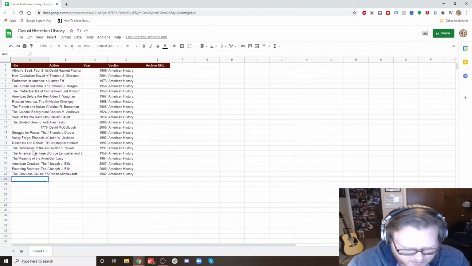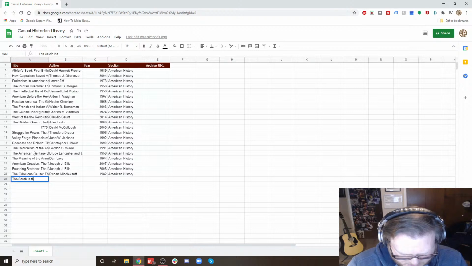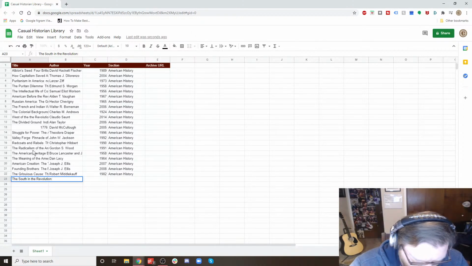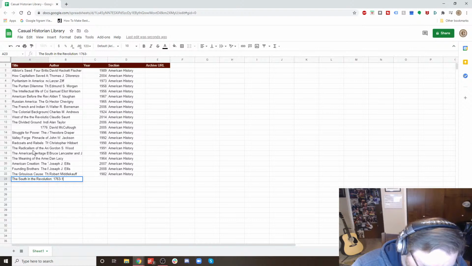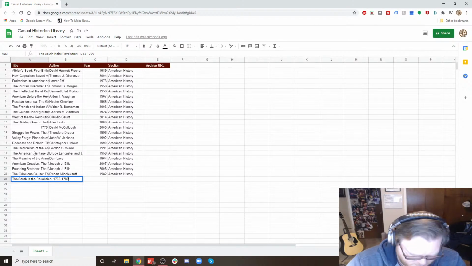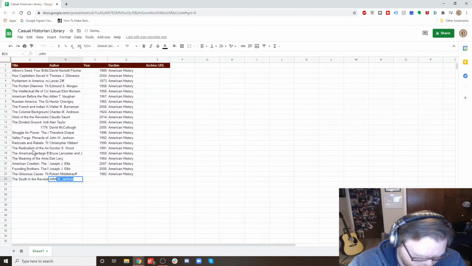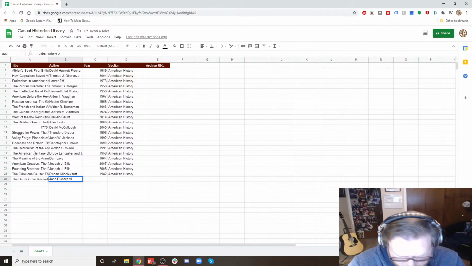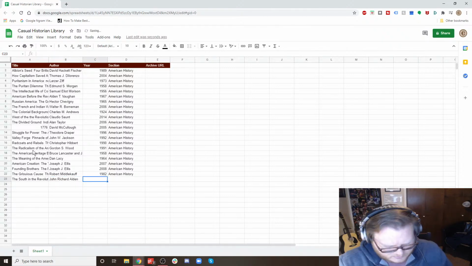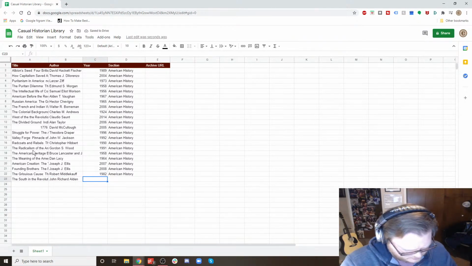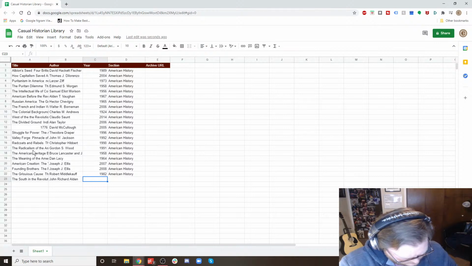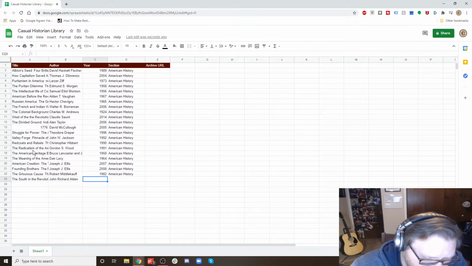Next, The South in the Revolution, 1763 to 1789, by John Richard Alden. Published in 1976.